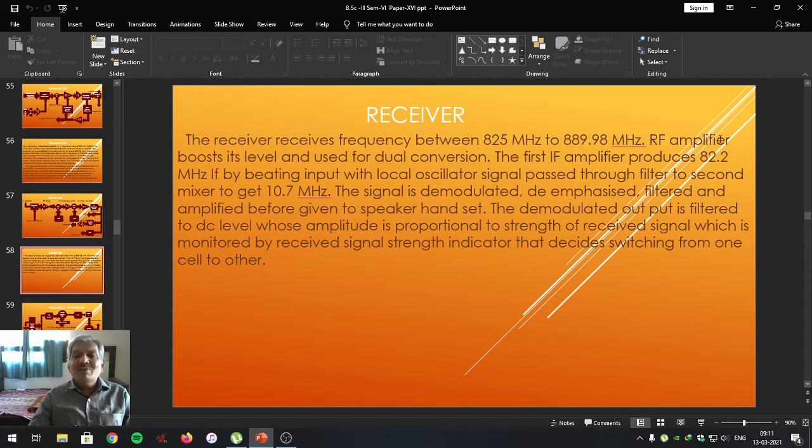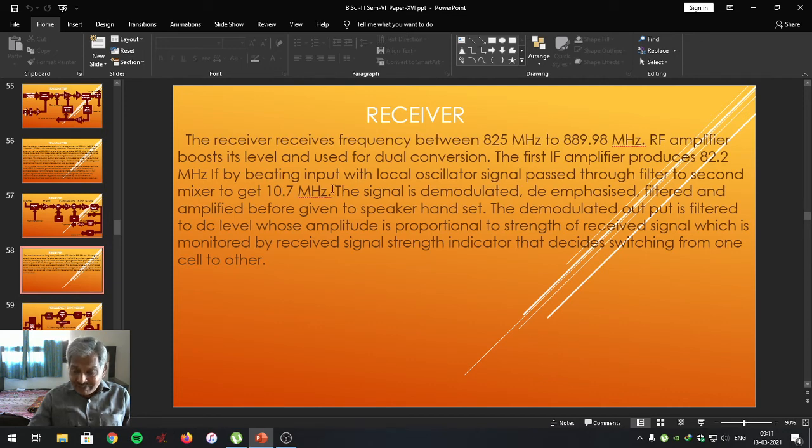This signal is given to the RF amplifier that boosts its level and is used for dual conversion. The first IF amplifier produces 82.2 MHz IF by beating the input with the local oscillator signal, passed through the filter to the second mixer to get 10.7 MHz.